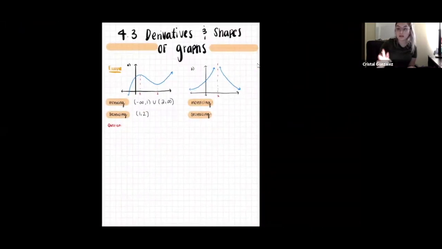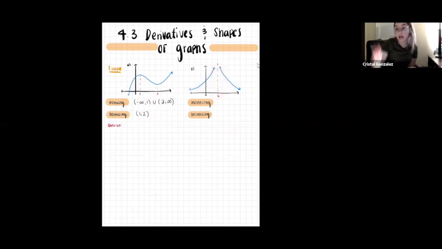Perfect. Now go ahead and do the same thing, hopefully you already did it, but with B. If you haven't already done it, pause the video and go ahead and do it. Okay, so if I'm reading the graph from left to right, I notice that I'm increasing here. Okay, and then something weird happens.